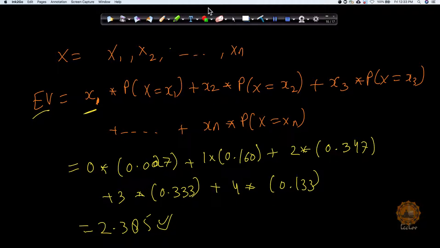Because, as I said, the expected value for a variable x is the value x we would expect to get after performing the experiment. So in this case, if you're playing the game once, the expected value is that you can draw 2.385 red balls. So this is what we get after performing the experiment.